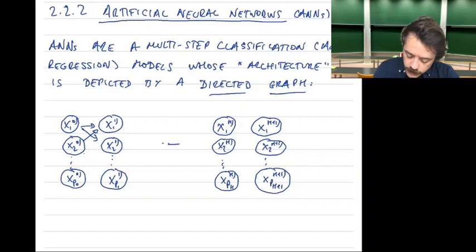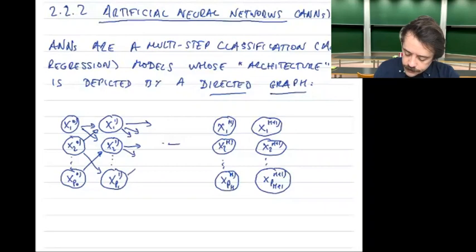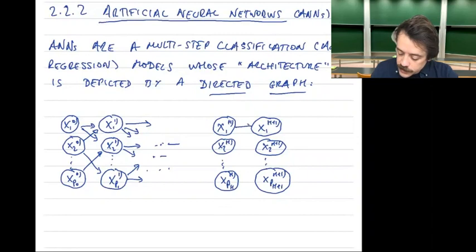This is why I'm writing arrows. Then maybe this one's connected to that one, and maybe these have several connections. So we have here more nodes, and then we connect these.